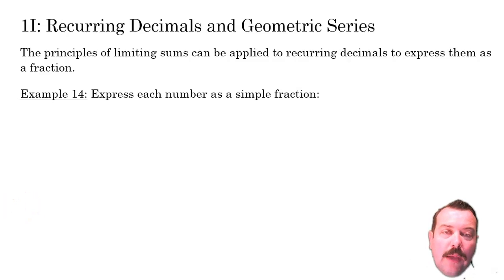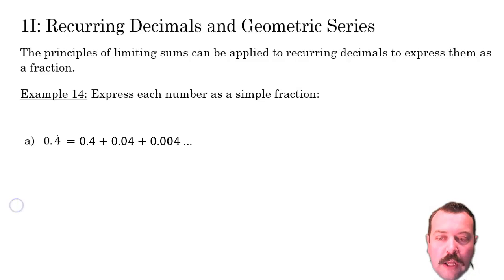We're going to jump straight into an example so I can show you how this works. We're going to express these as a simple fraction. We're going to begin with 0.4 recurring. So that's 0.44444. Expressed as a series, 0.4 plus 0.04 plus 0.004, and so on.